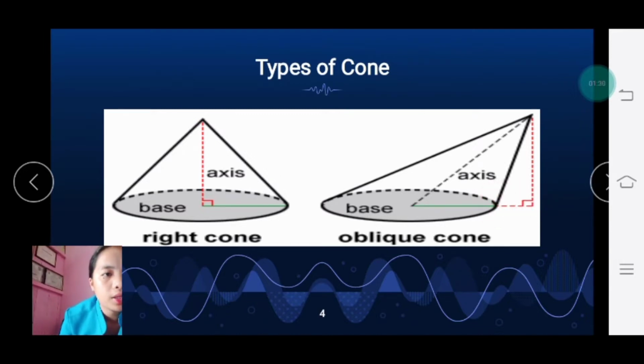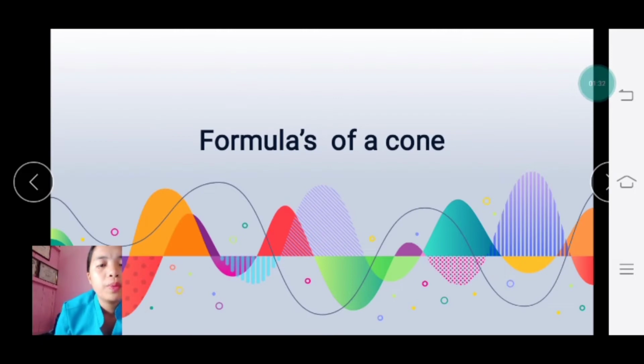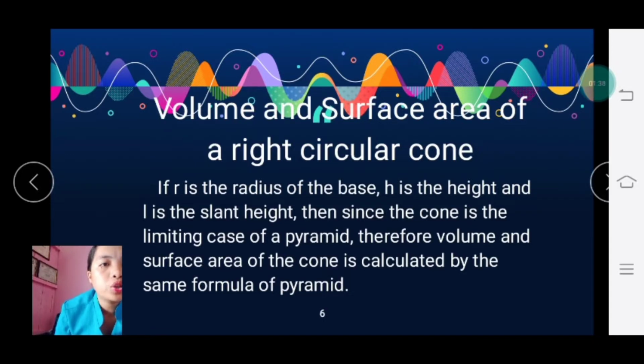Okay, next. So, always remember, class, the formulas of a cone. There are volume and surface area of a right circular cone. First, R is the radius of the base, which is a circle, H is the height, and L is the slant height.